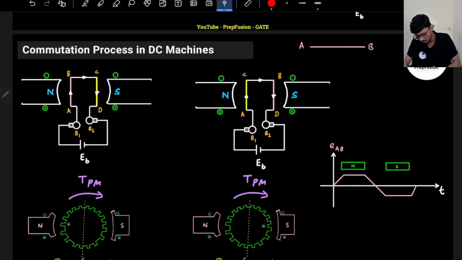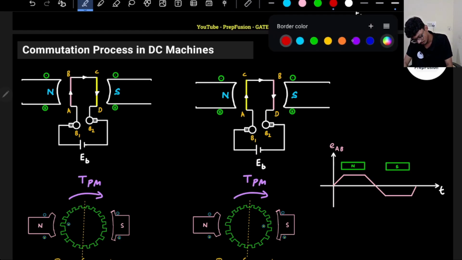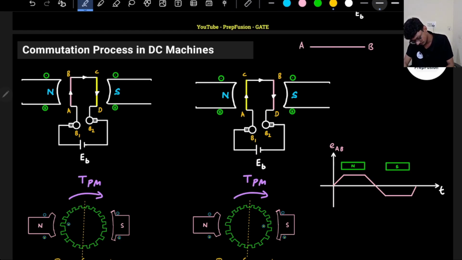Correct. Here also, what is the direction of the induced EMF in the conductor? It will be this. And here, what will be the direction of the induced EMF? It will be this. But what is the direction of the current? The direction of the current is at the top. This is the current direction, and this is the induced EMF direction.